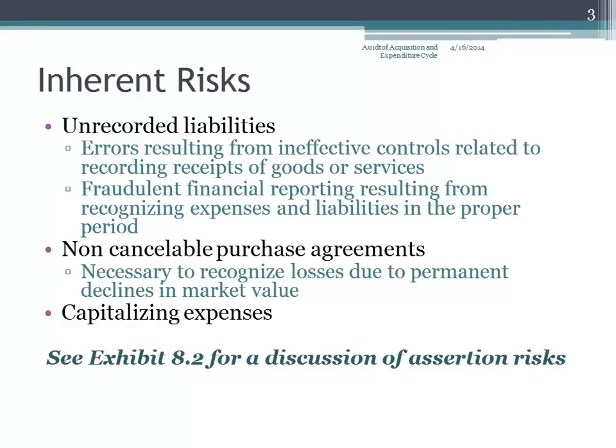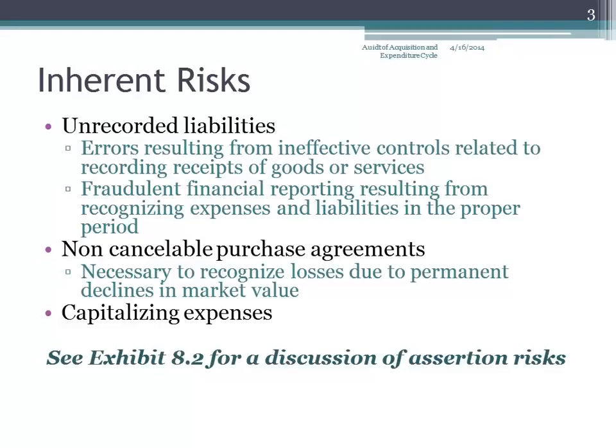So what Exhibit A2 does is relate the assertion and the risk as it pertains to the procurement process or acquisition and payables process. Okay. So what you'll see is that, for example, with the balance assertions related to balance sheet accounts such as accounts payable or liabilities, you'll see with completeness there's a high risk there, right?